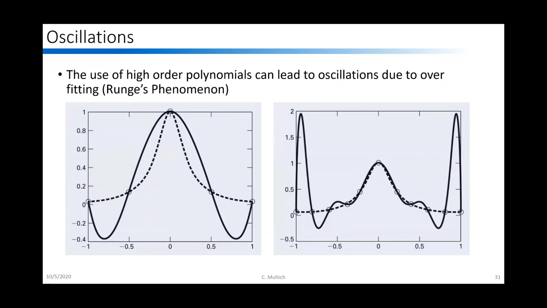If I look at the example on the left, when I fit using these points here, and I only fit using, say, a 3rd order polynomial, we can get this nice, much smoother curve. If I go too high and use a 4th order polynomial, I can end up getting these wide oscillations.